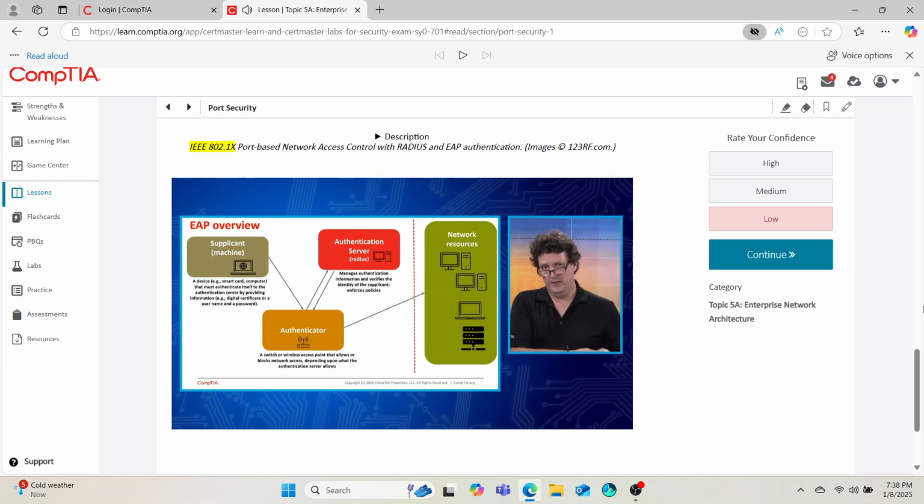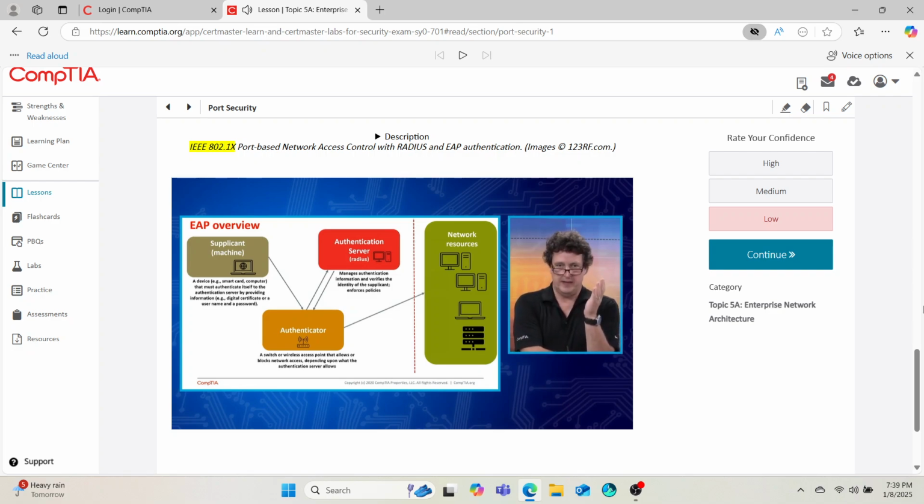A major part of this is the extensible authentication protocol. And EAP is very interesting because it contains three major parts. So as you go to access a network resource, you're basically a supplicant. It could be a machine, it could be a person. We'll talk about it in terms of a device.